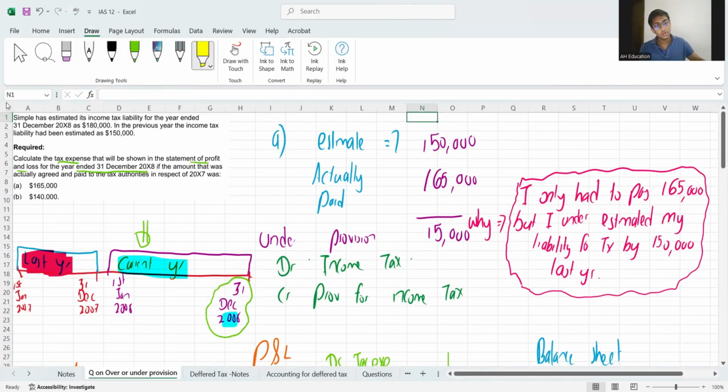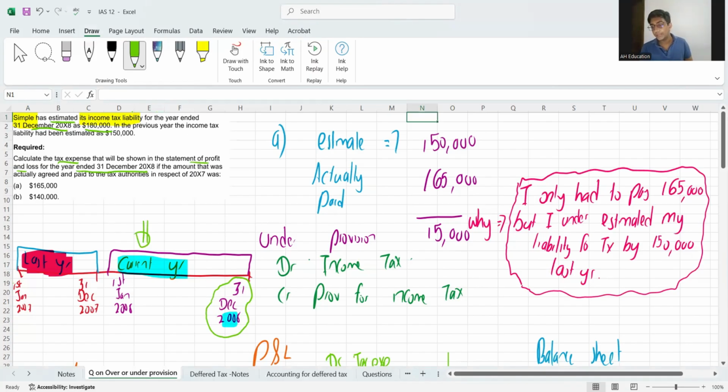Okay, now Simple has estimated its income tax liability. Now this is an estimate. It is not the actual figure. It's an estimate for the year ended on 31st December 2008, which is your current year, as 180,000. Now, what does this imply?